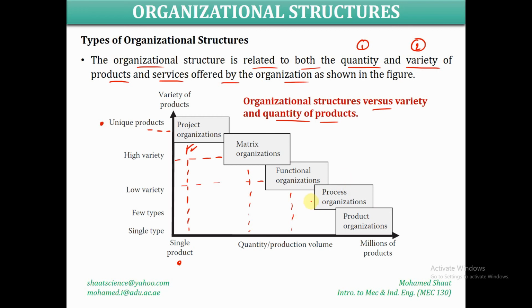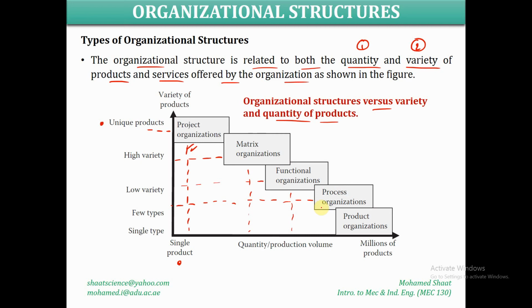The other organization is the process organization. This type of organization is very specific, working over specific products. They are going to make a few, like 1, 2, 3, 5 products, but the variety is very limited. There should be something common between all of the different products that this organization is making. Here I'm talking about the process organization.